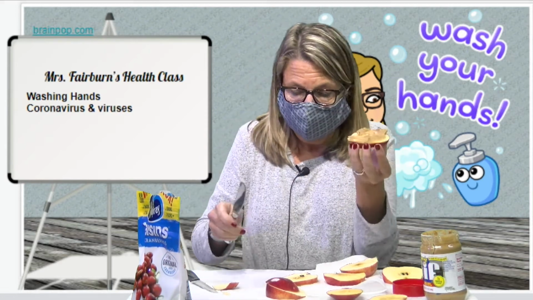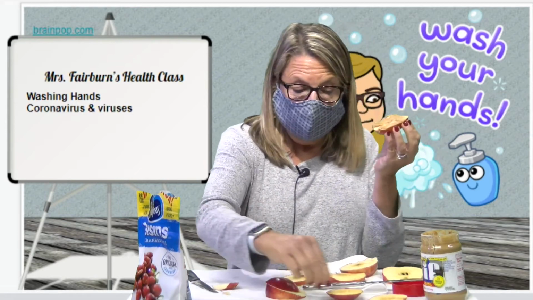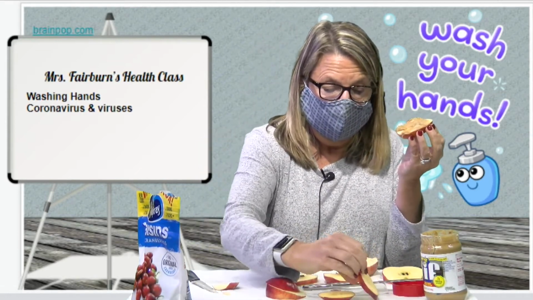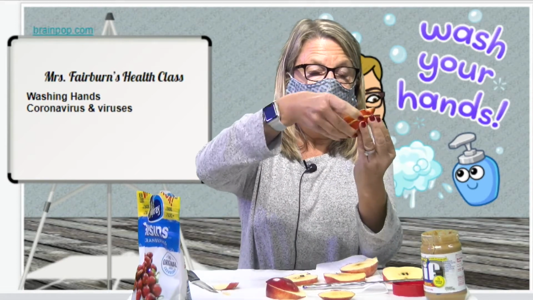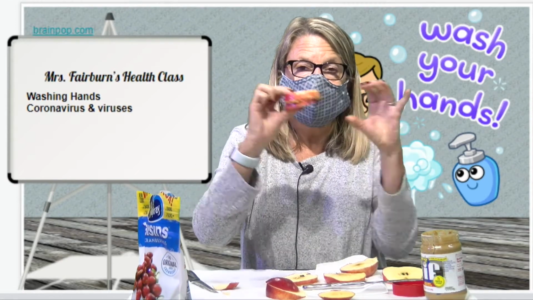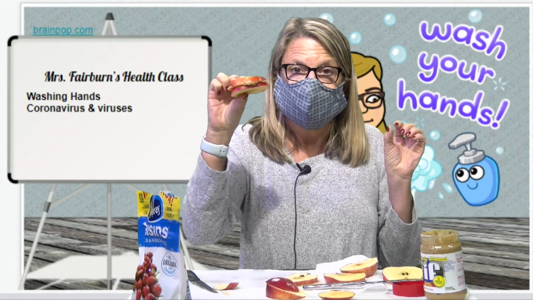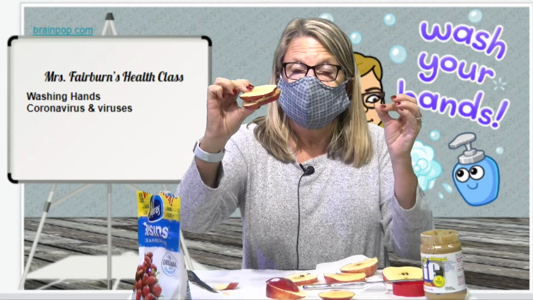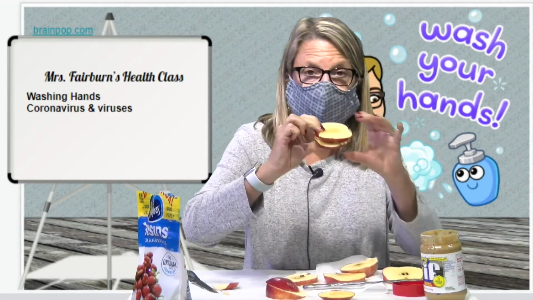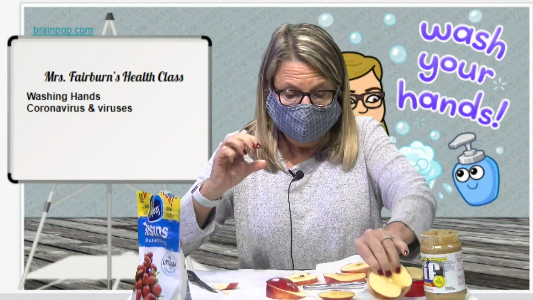See? Then I have another slice of the apple, and I put it on top, and it makes a little sandwich. So it's just like a little sandwich of peanut butter, just like you would make any other sandwich. This would be a great snack, and it will fill you up.